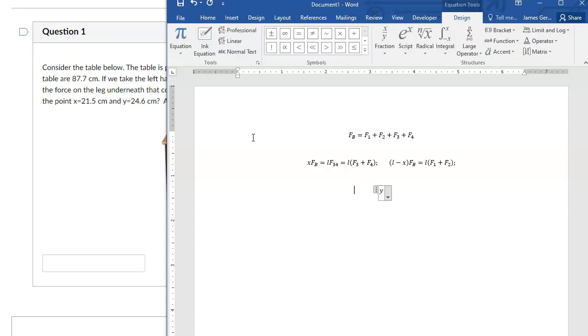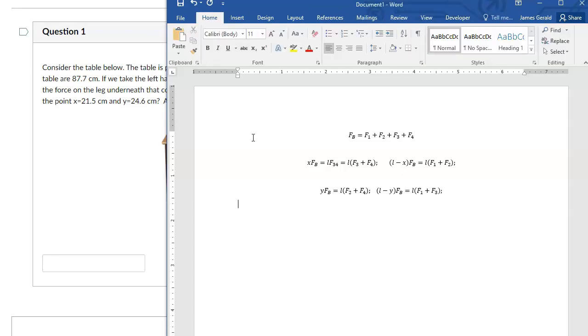Okay, and then we have our torque around the x-axis in the yz plane, and that gave us L onto F2 plus F4, and L minus Y FB onto is L onto F1 plus F3.